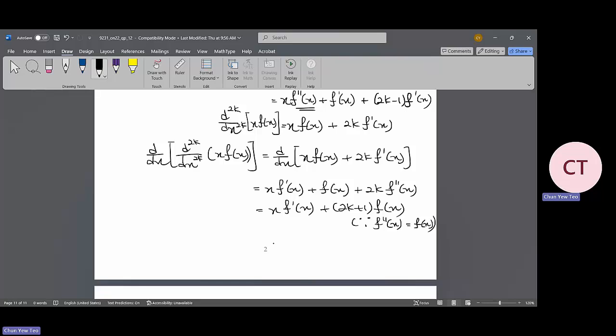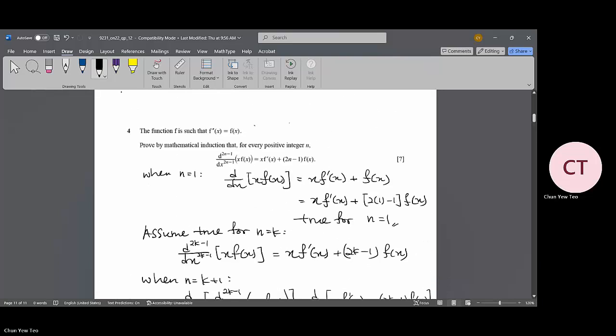Yes, it's true. So therefore it's true for n equal to k plus 1. So conclusion: by the mathematical induction, it is true.